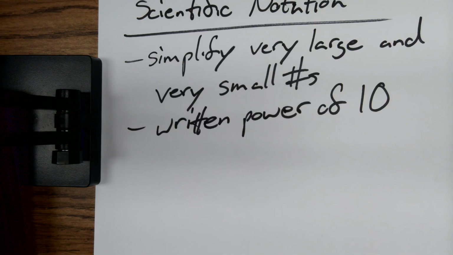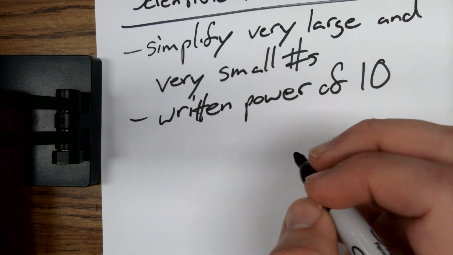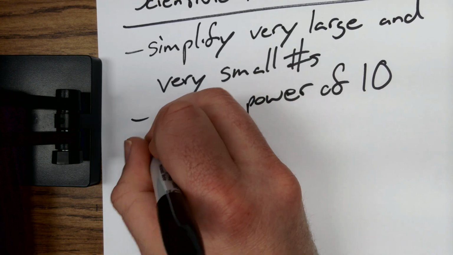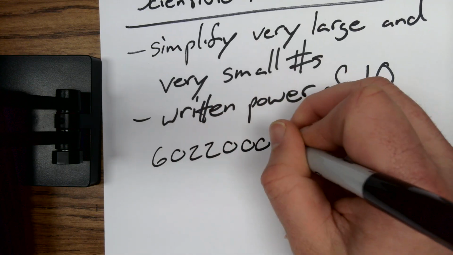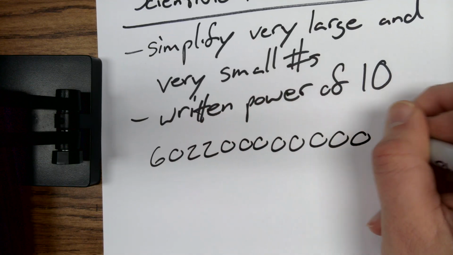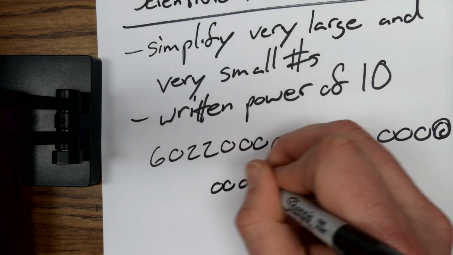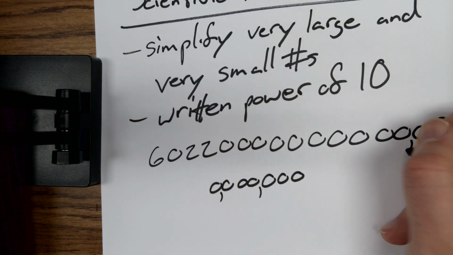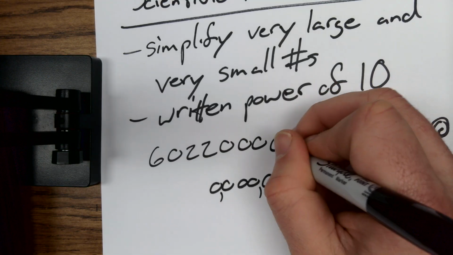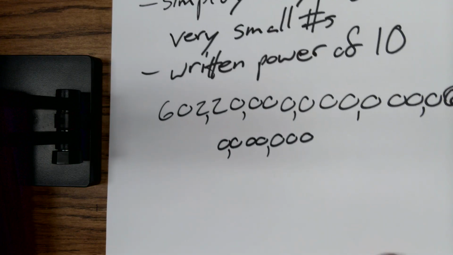So let's pick a very large number to start off with. Let's choose 602,200,000,000,000,000,000,000. We're going to pick a super duper large number.